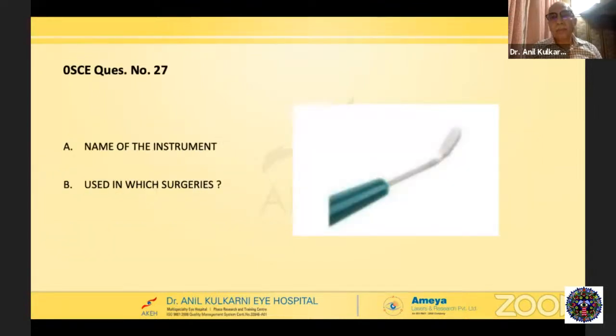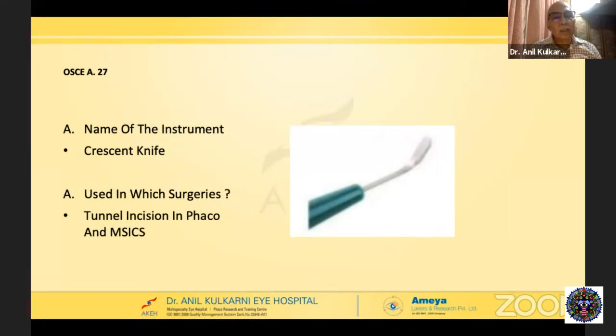27. This is the instrument called a crescent knife, used in surgeries for making a tunnel incision, either in phaco surgery or manual SICS surgery.